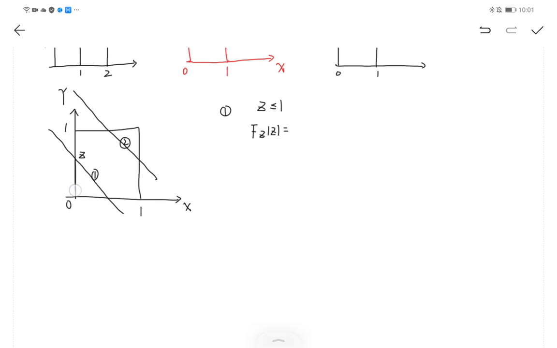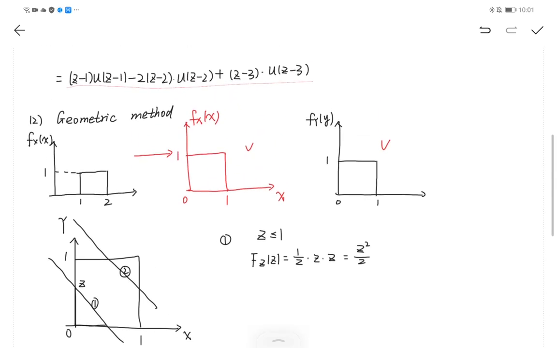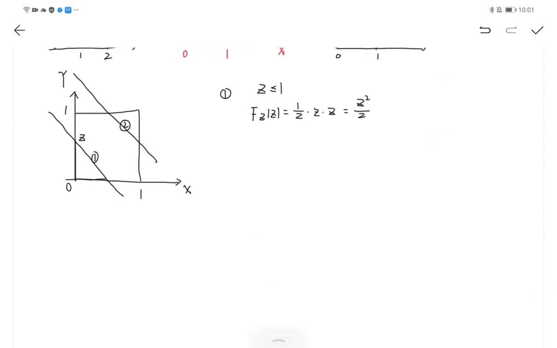So this area is 1/2 times z times z, which equals z to the power 2 over 2. So this is the distribution function.